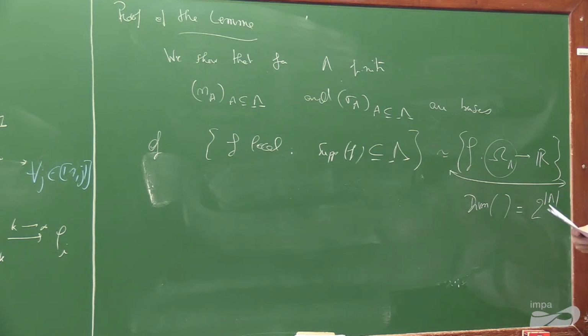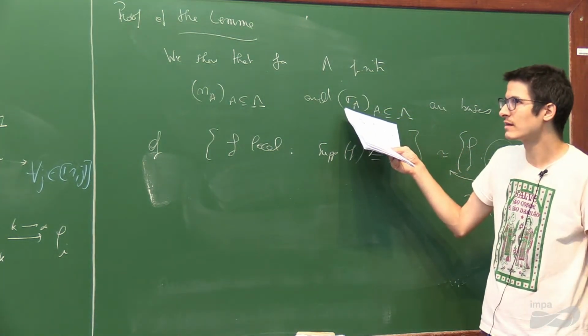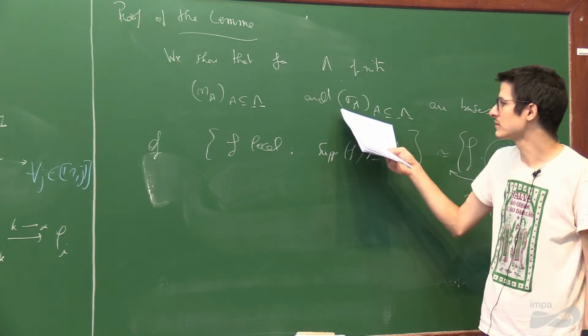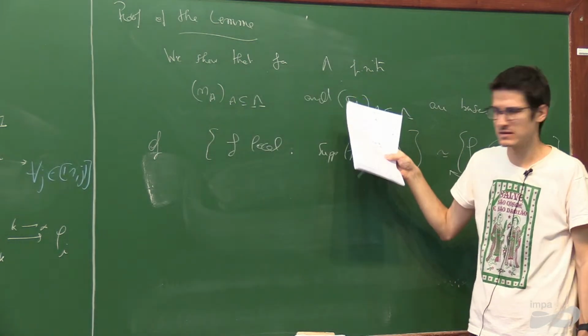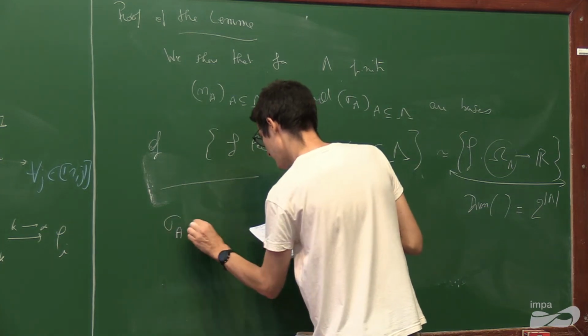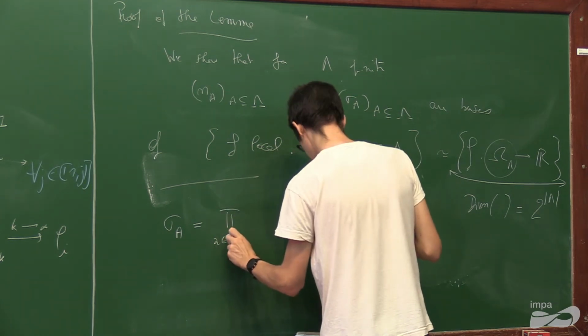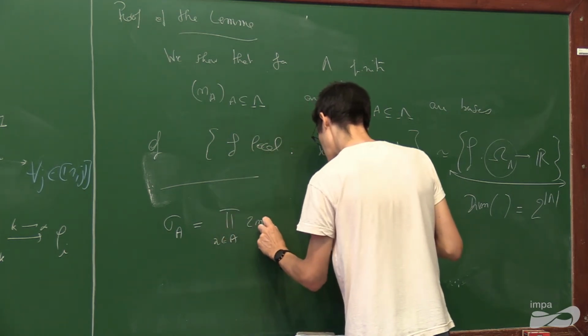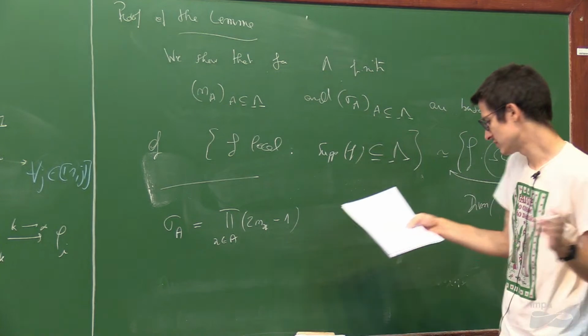And in fact, I only need to prove this for sigma A, because I know that the N_A's can generate the sigma A's. So write this. What I have is that sigma A is equal to the sum over x in A of sigma x, and I just replace sigma x by 2 nx minus 1, which is the same thing.